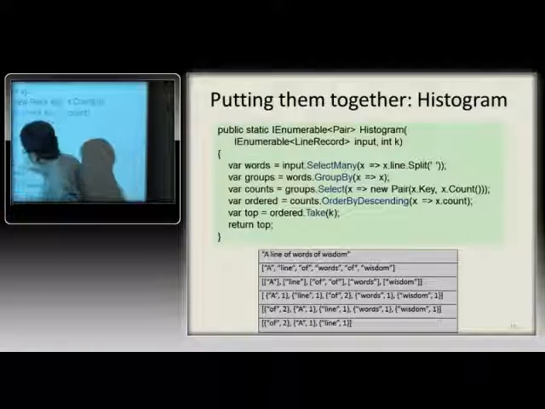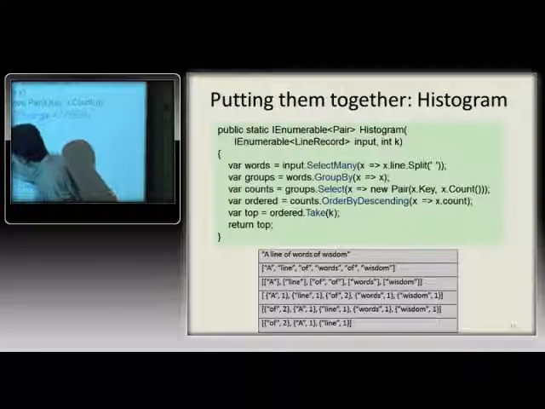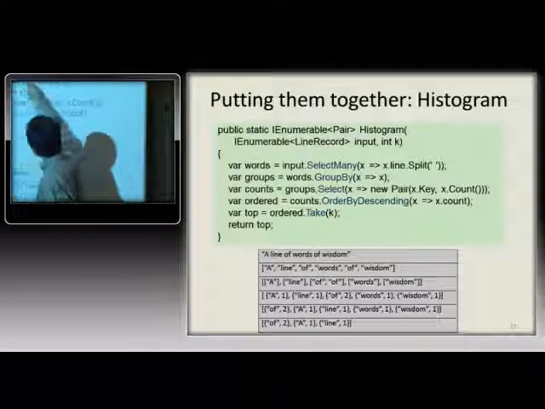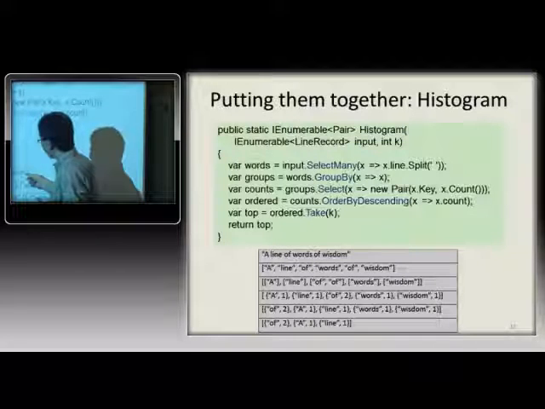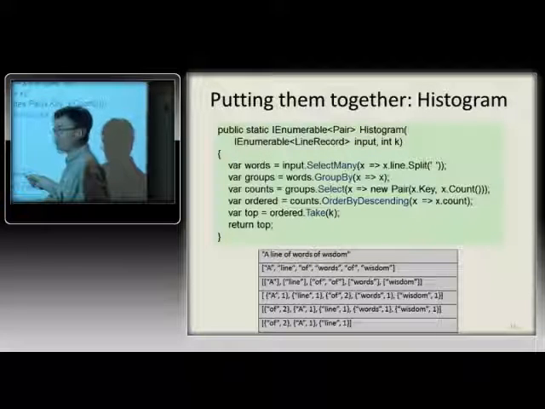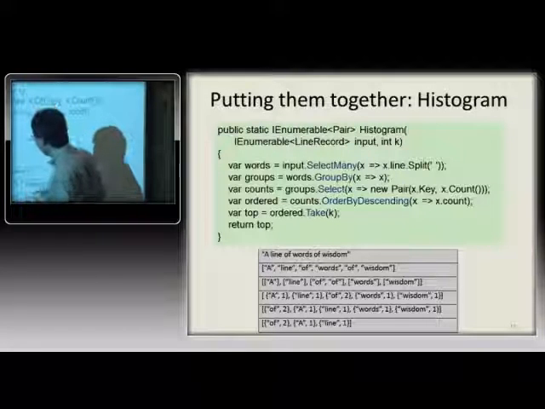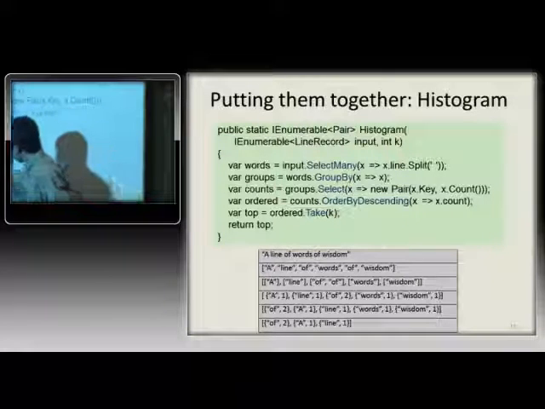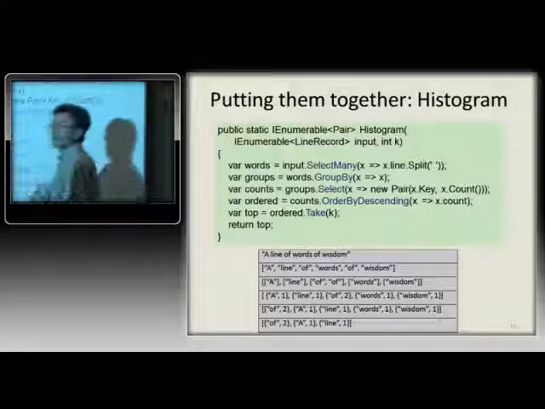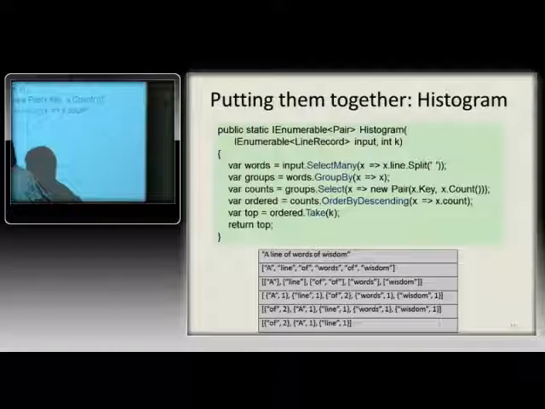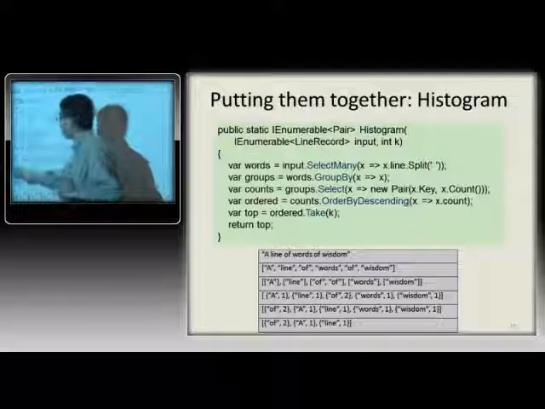For instance, this is your initial input, and applying the select many gives you a collection of words. Applying the group by gives you groups. Then applying the select gives you the counts, the number of words in each group.